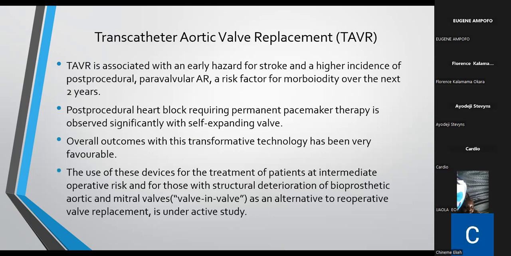However, TAVI is said to be associated with an early hazard for stroke, a high incidence of post-procedural paravalvular AR, and a risk of morbidity over the next 2 years. Post-procedural heart block requiring permanent pacemaker therapy is also observed with TAVI.